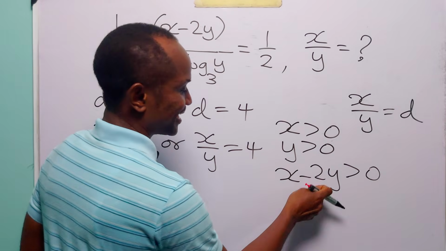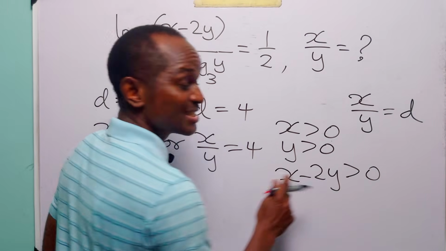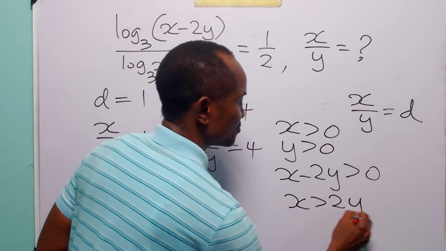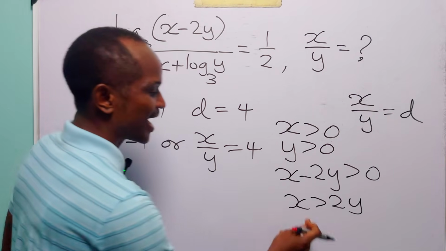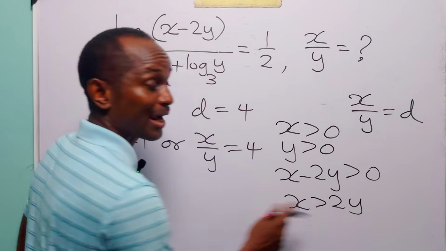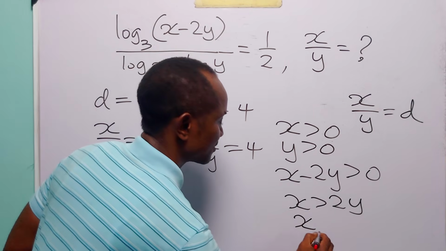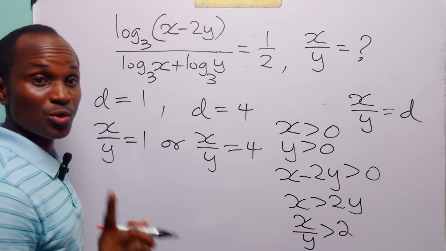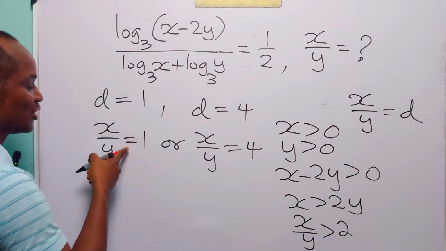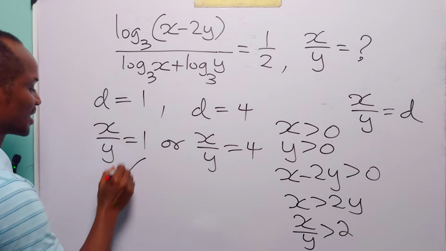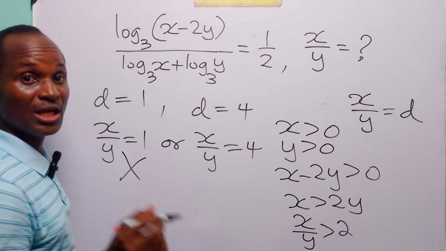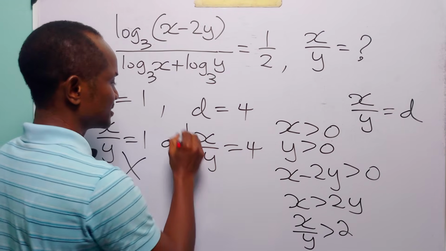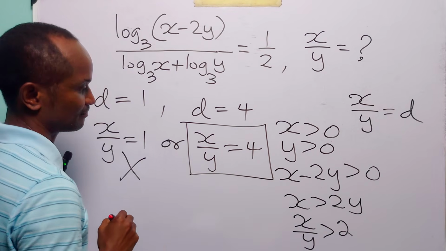Now, when we add 2y to both sides of this inequality, we have that x must be greater than 2y. And when we divide both sides of this inequality by y, we have that x over y must be greater than 2. So now you can see that this value of x over y is not acceptable. The only value of x over y that satisfies this equation is this.